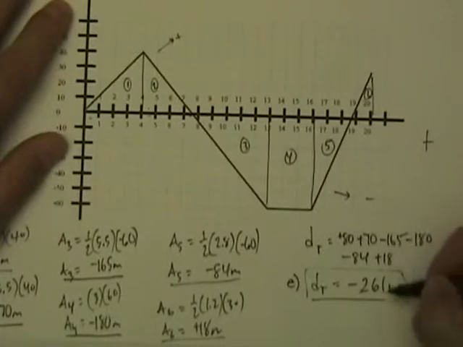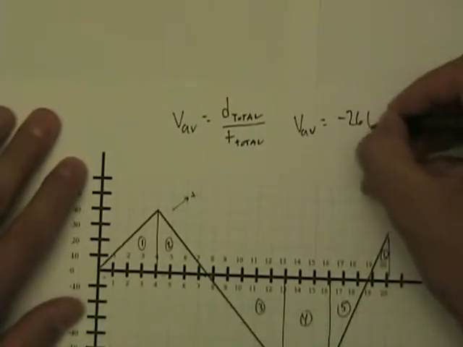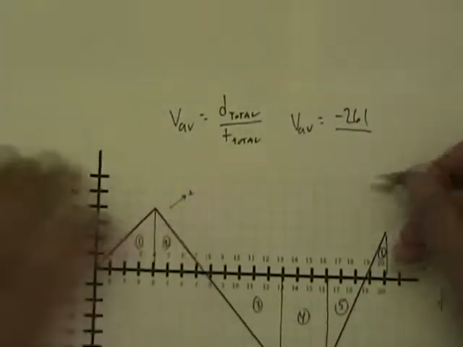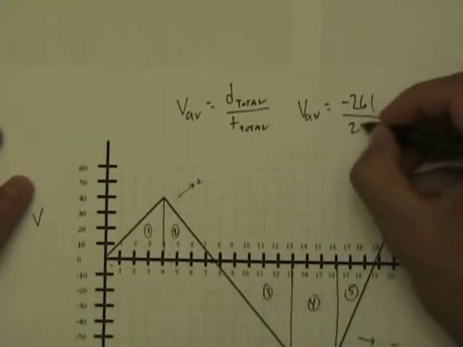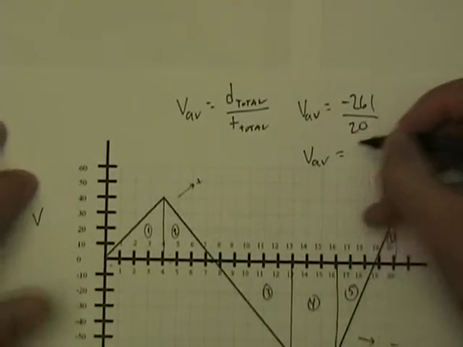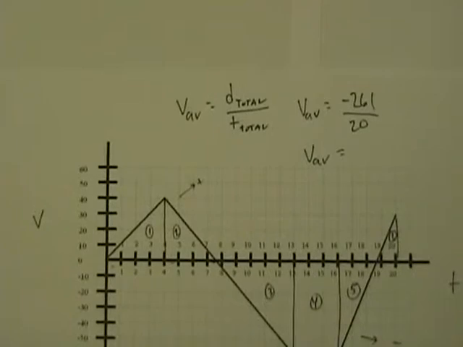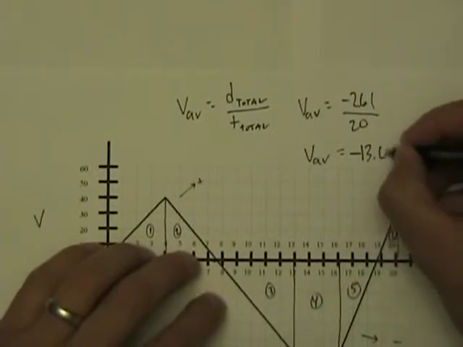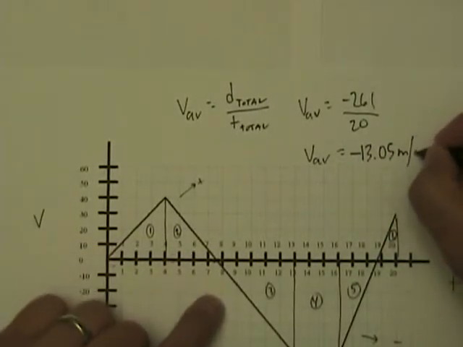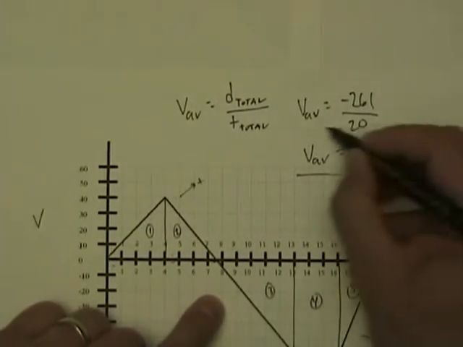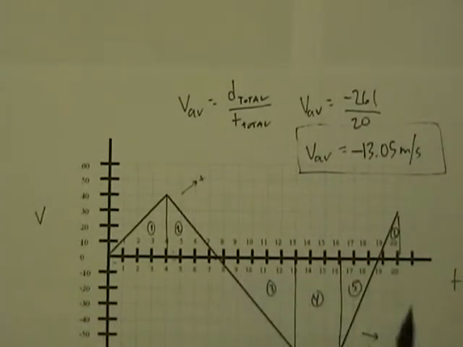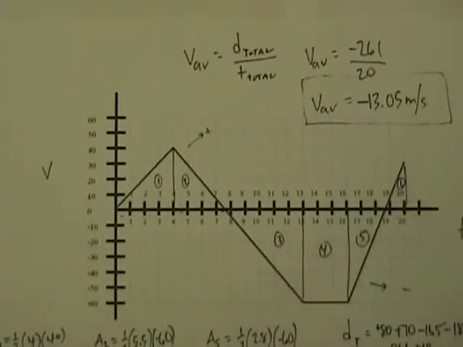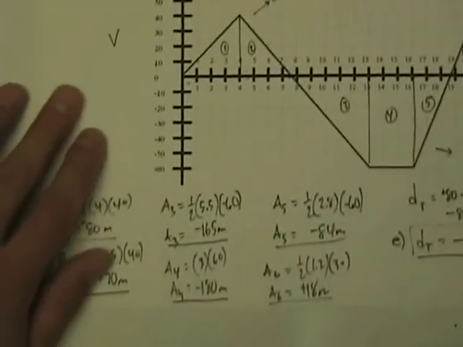So for us, that's going to be minus 261 divided by your total time, which is 20. So your average velocity then, minus 261 divided by 20, that's minus 13.05 meters per second. And you can see that your velocities are mostly in the negative direction here. So that ends up being about what you would think it should be.